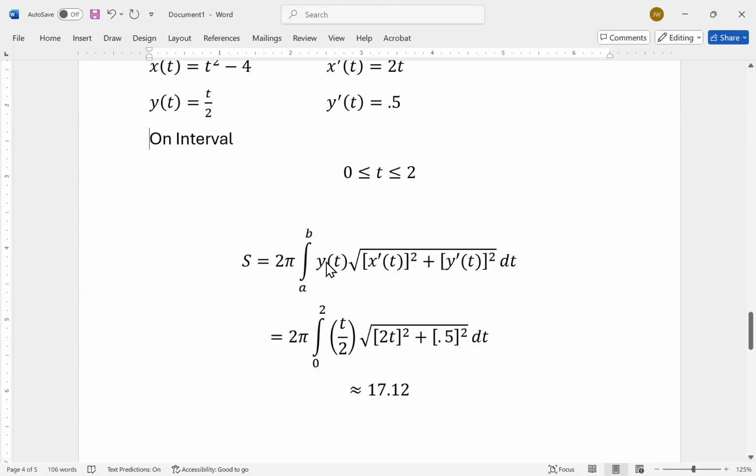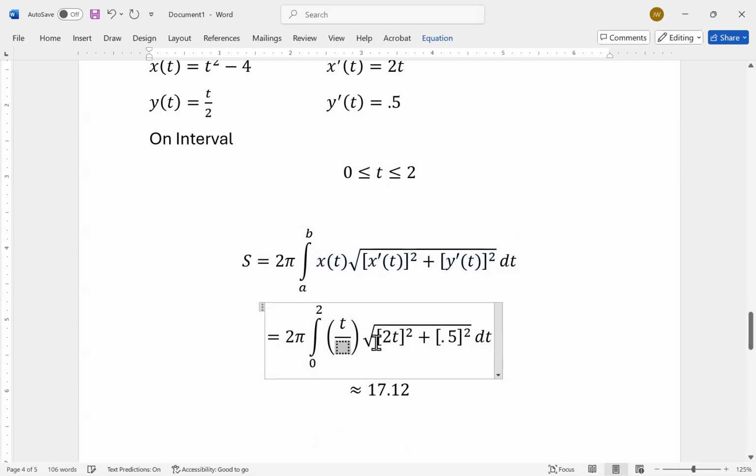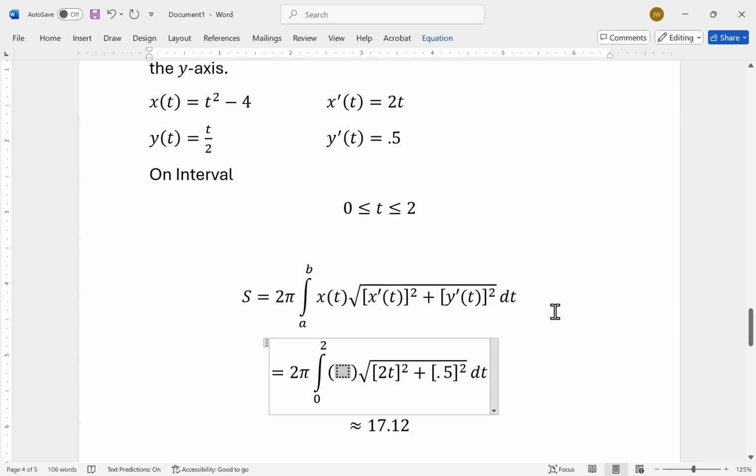Now, if I'm rotating around the y-axis, I change the radius from a y value to an x value. And the only change is going to be the function that I multiply out front.